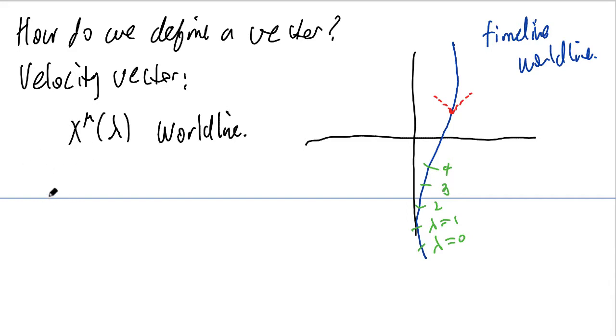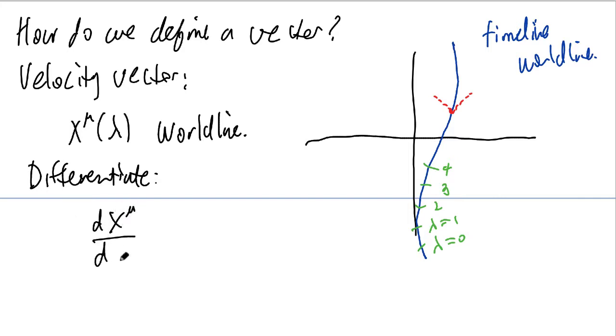Now, given this set of functions, we can differentiate them with respect to lambda. So we can compute the derivative of each of the x mu's with respect to lambda. Is this the velocity vector?